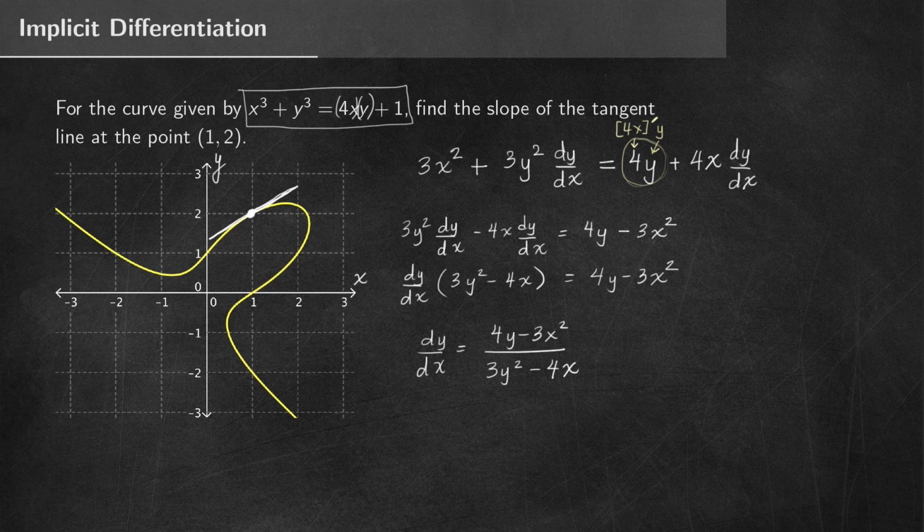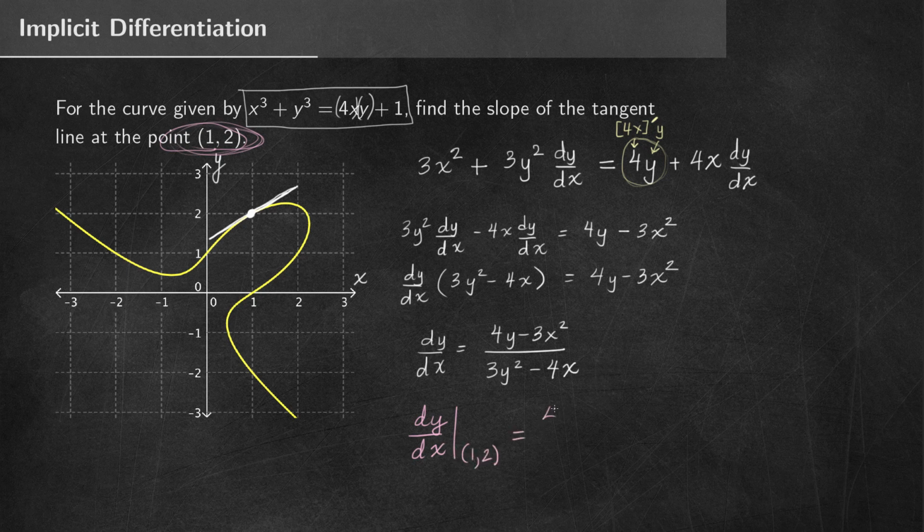But we've been asked specifically to find the slope at this point (1, 2). So if we want the slope at (1, 2), we let x equal 1, we let y equal 2. So that would be the derivative with respect to x at the point (1, 2).